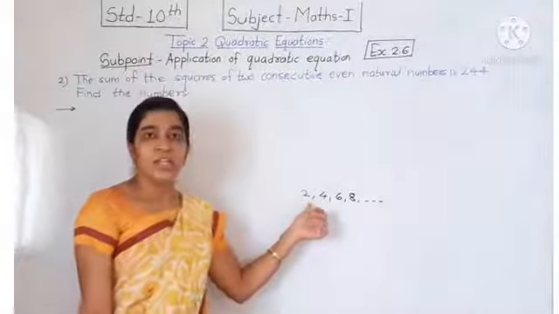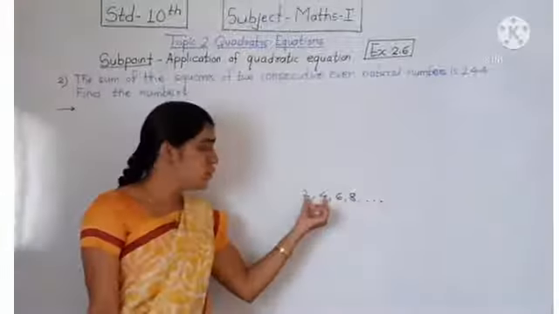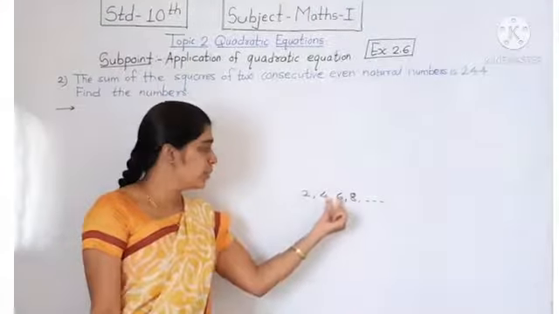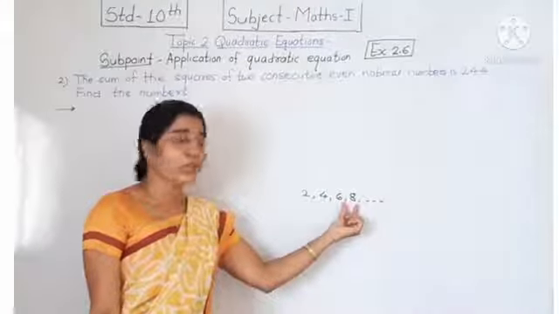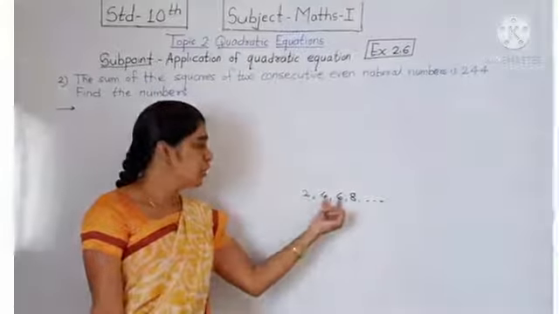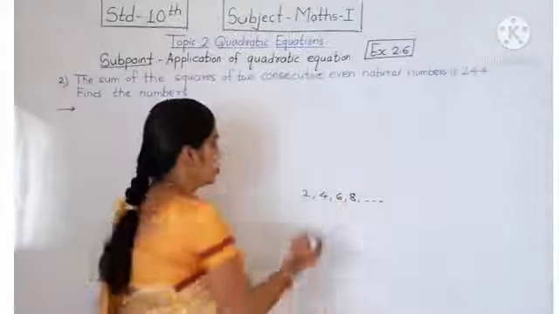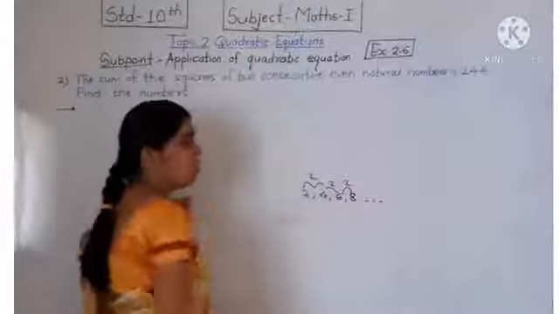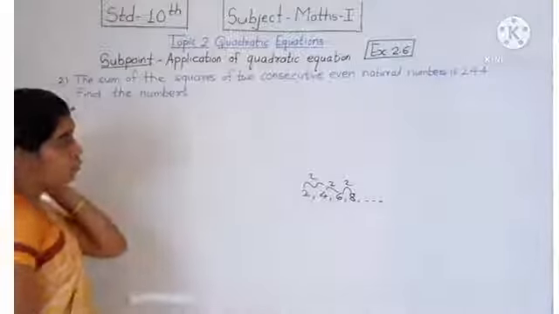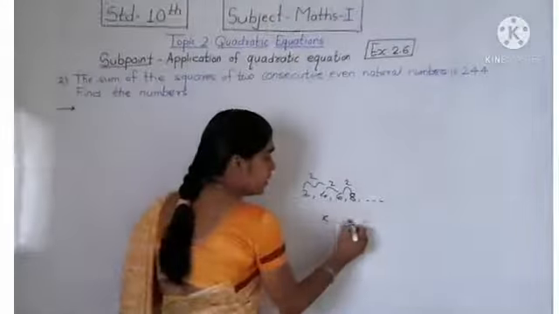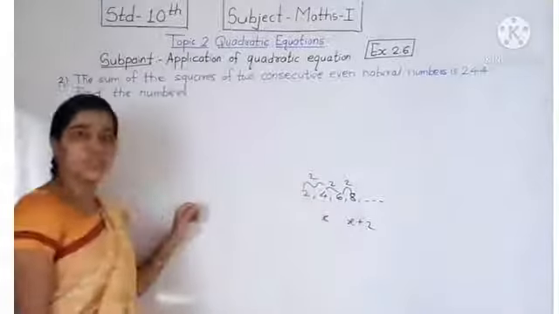Okay. So, what is the difference between two consecutive terms here? These are consecutive terms. Here, the difference between two consecutive terms is 2. Here also 2. Here also 2. So we assume the first natural number as x, suppose. Then the other natural number is x plus 2.